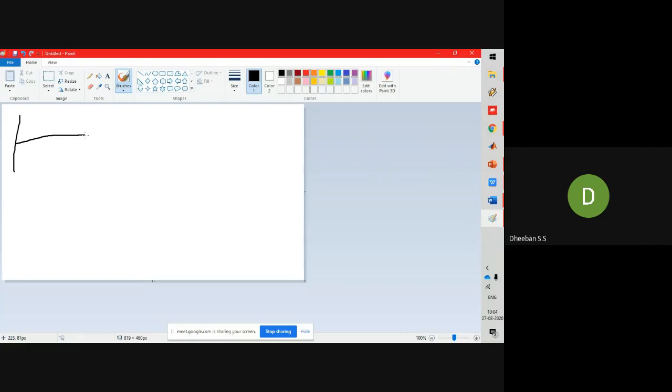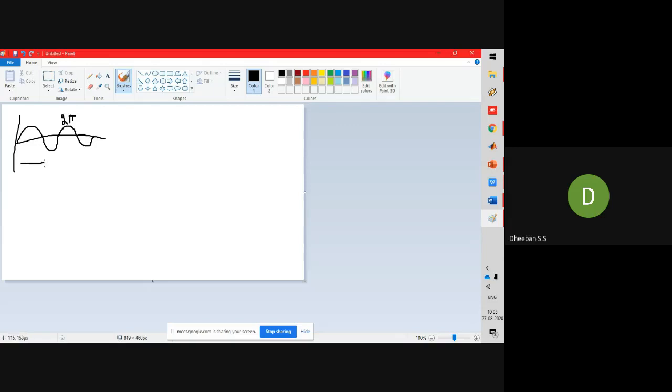This is a signal. This signal is for up to 2 pi. After this 2 pi, for a periodic signal, you will get the same signal again.